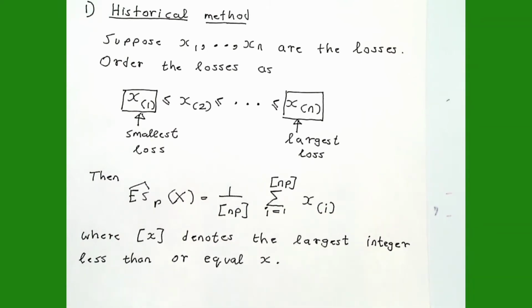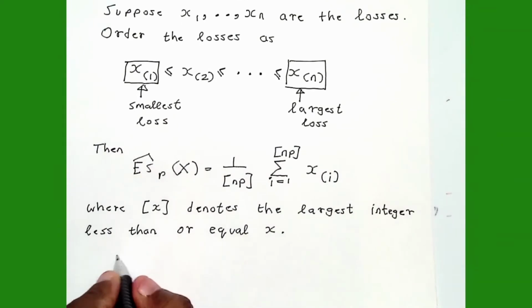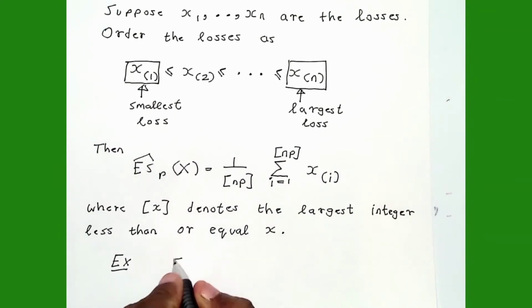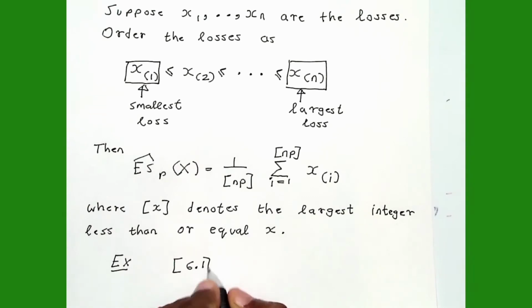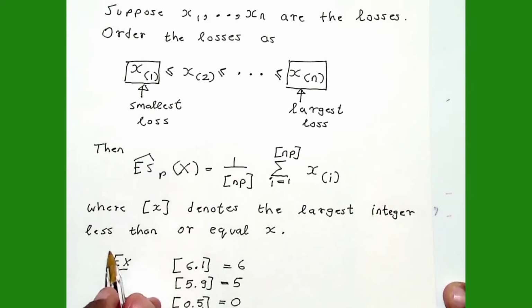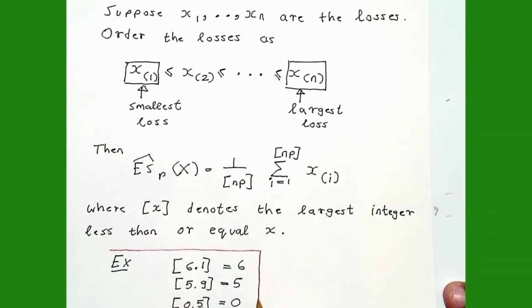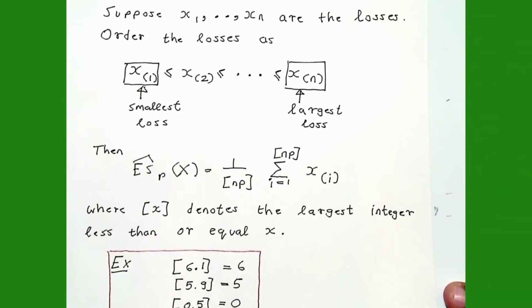So for example, if you have, say, 6.1, then the integer part is 6. If you have 5.9, the integer part is 5. And if you have 0.5, the integer part is 0. So that's how it works. It's the largest integer less than or equal to x. So these are some examples.